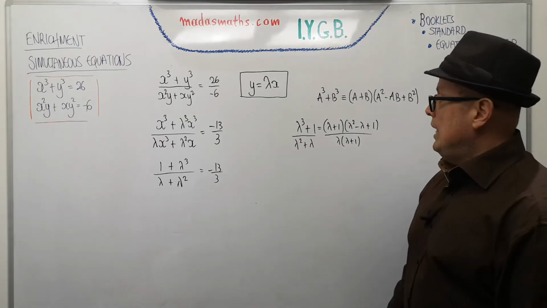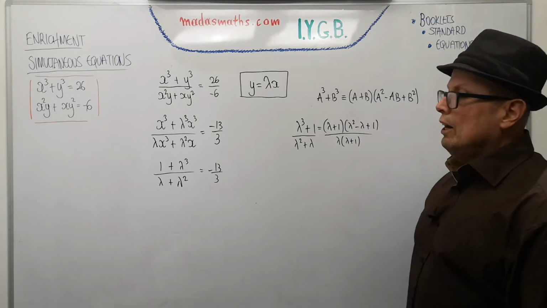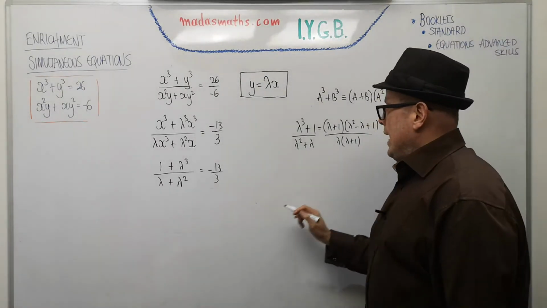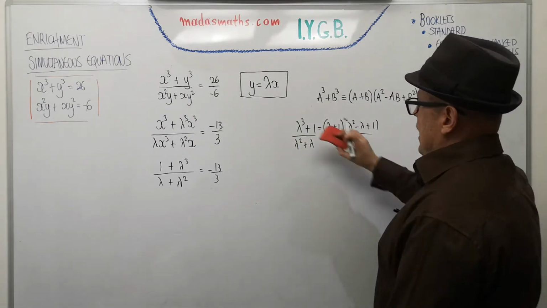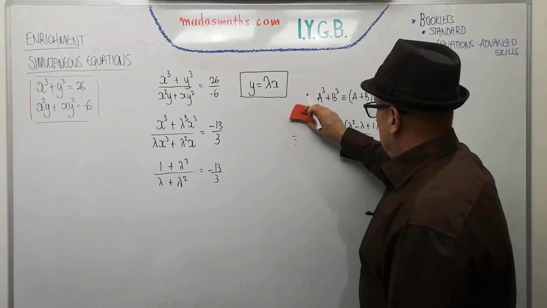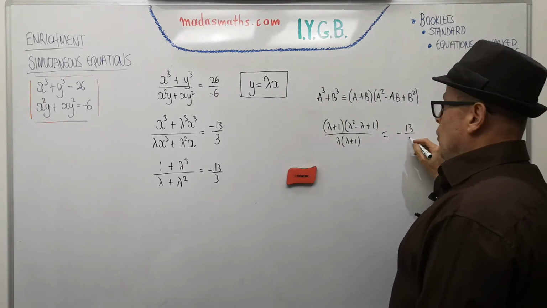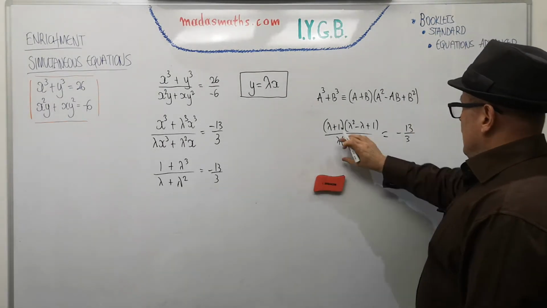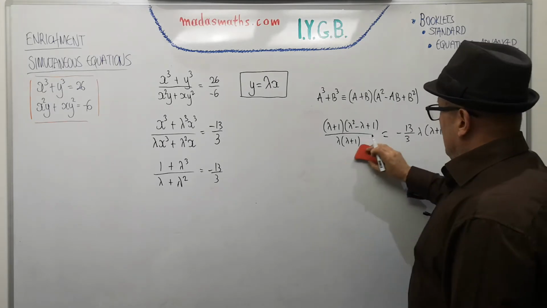You can, only if you take into account that lambda equal to minus 1 disappeared. So I can replace this with minus 13 over 3, and then times this across, lambda plus 1.